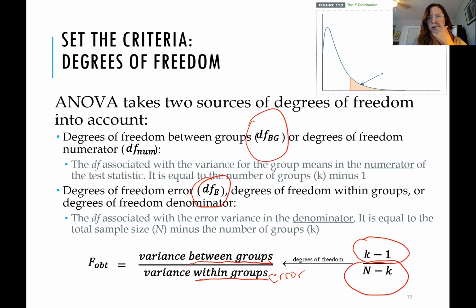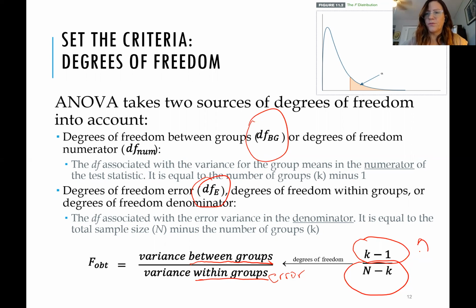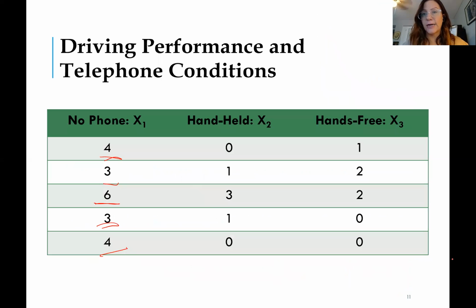If we think about it, K minus 1 is the number of groups we have, minus 1. In this scenario, we have 3 groups, right? So 3 minus 1 is 2. And then we have N minus K. Capital N is, remember, how many people participated in the entire study.